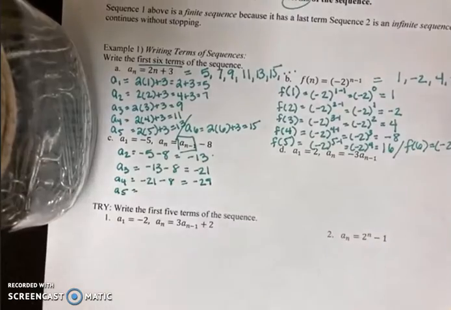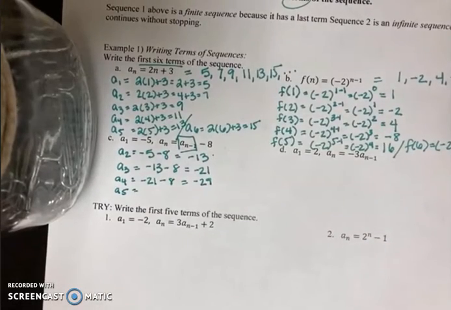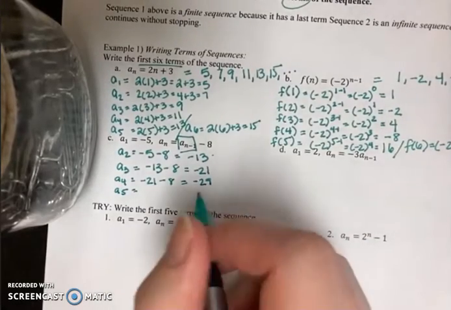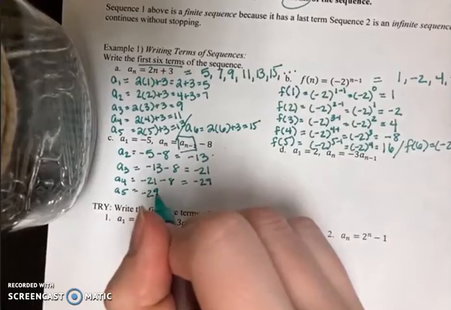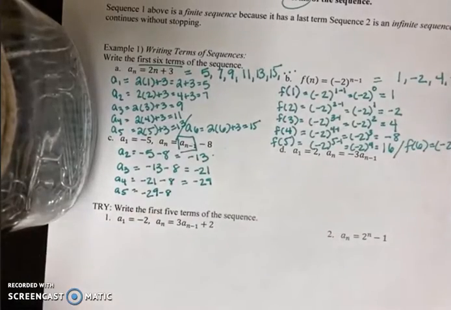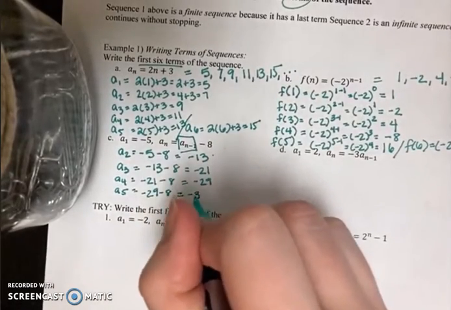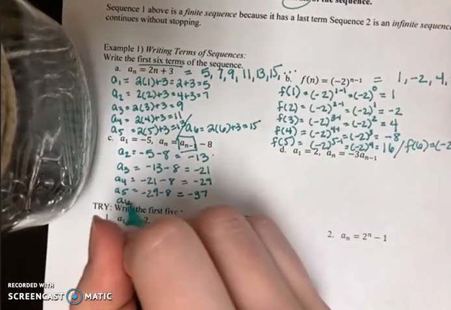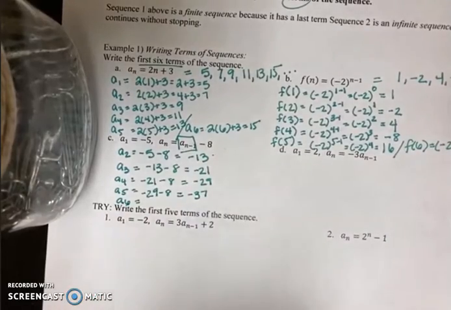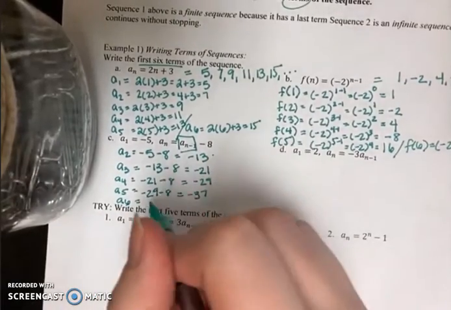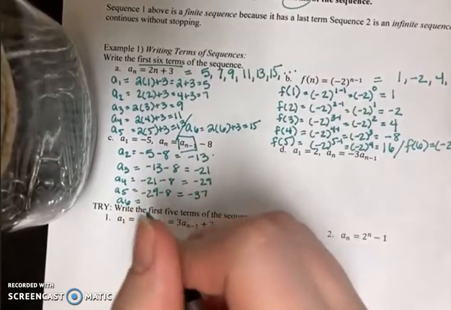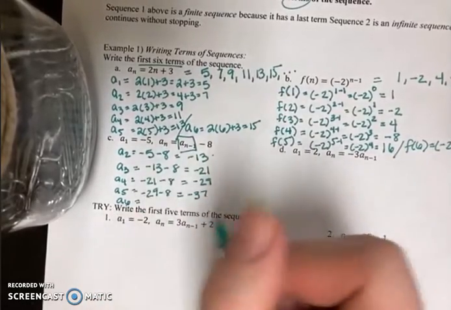A sub 5, same thing. We're going to use the negative 29, the previous term, and subtract 8 from that. And that would give you a negative 37. Last one. Once again, use the previous term. We have negative 37. We're going to subtract 8 from it. You could write that out, or at this point, you could just start writing the solution.